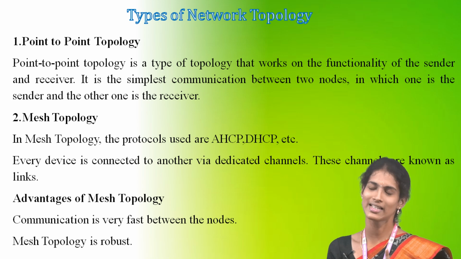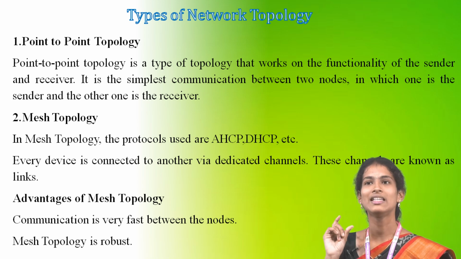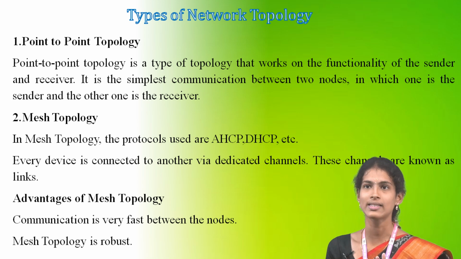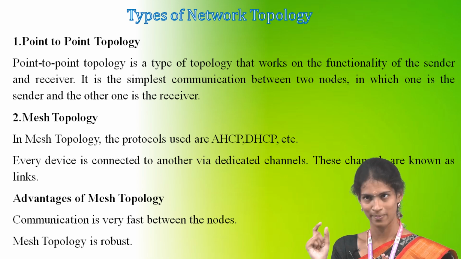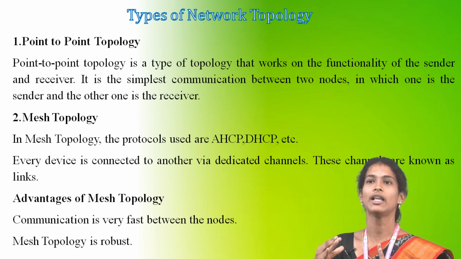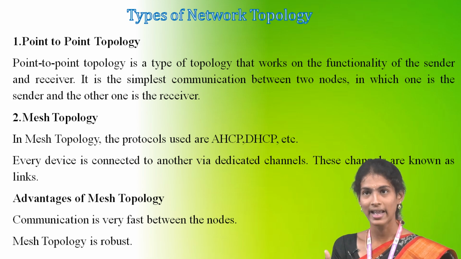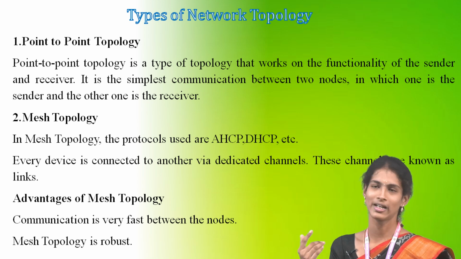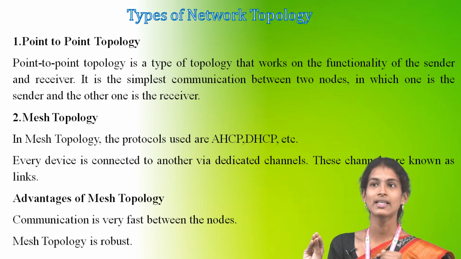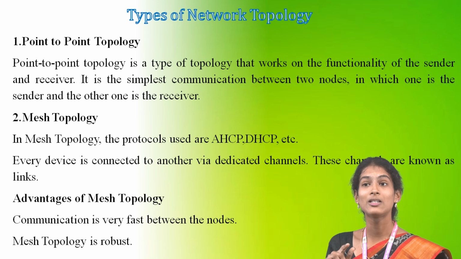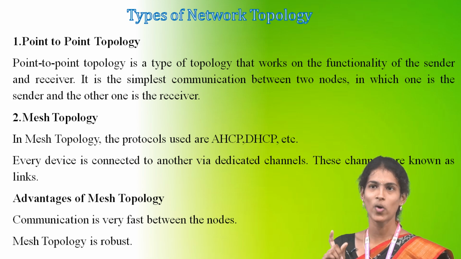These channels are known as links. Suppose n number of devices are connected with each other in mesh topology, the total number of ports required by each device is n-1. For example, if there are 5 devices connected to each other, the total number of ports required by each device is 4.